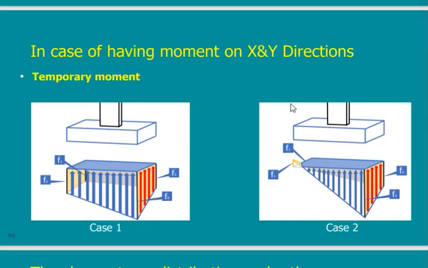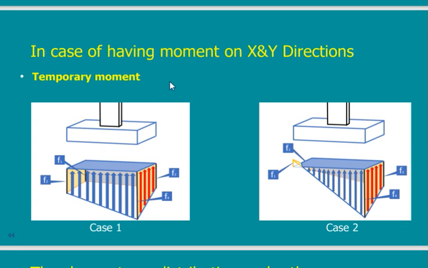Finally, just some cases of loading to understand all the expected loading. In case I have a temporary moment, which means that it is variable, then it is not in one direction, it is in both directions.